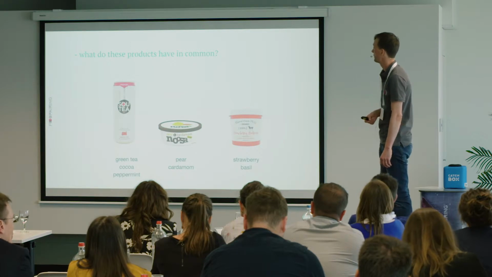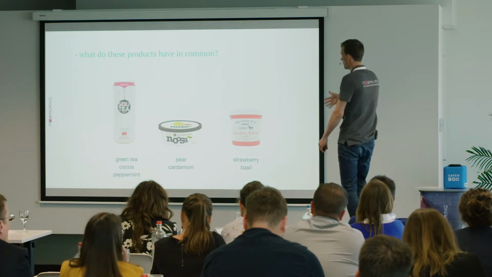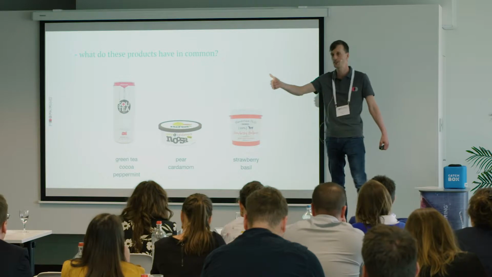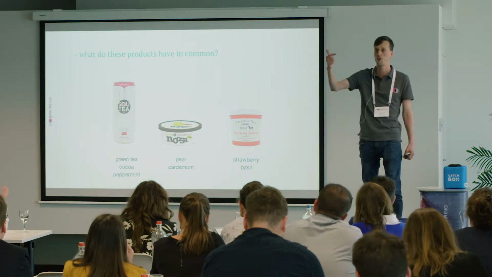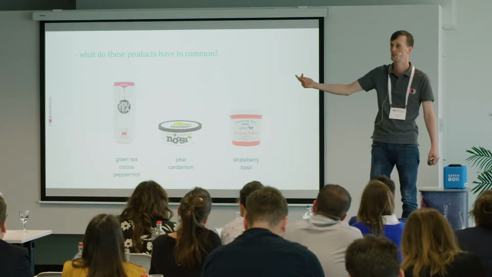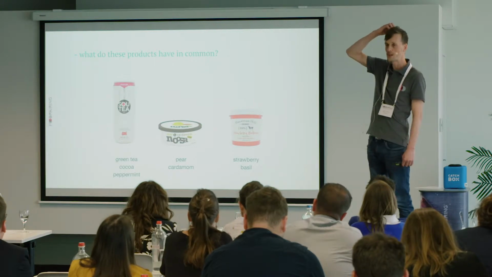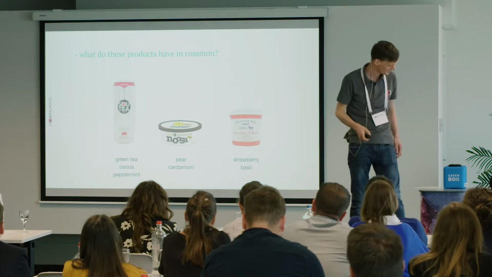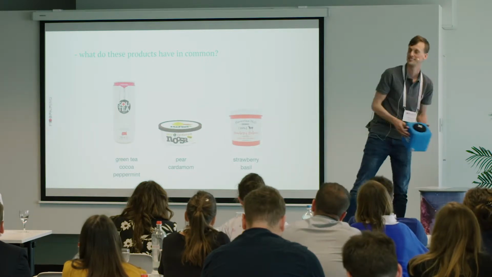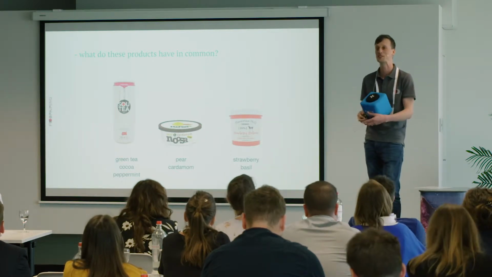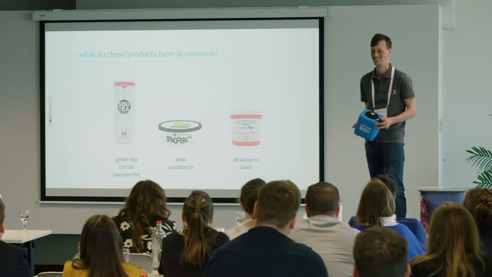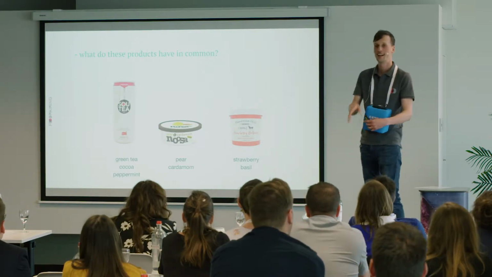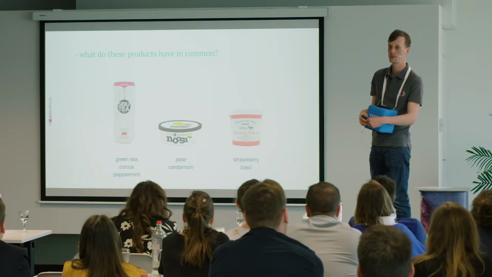So let's check. What type of concept do you think this is? So we have inspired in tradition, familiar with a twist, or funky new. What do you think? What type of concept is this? Anybody? Yeah, familiar with a twist?